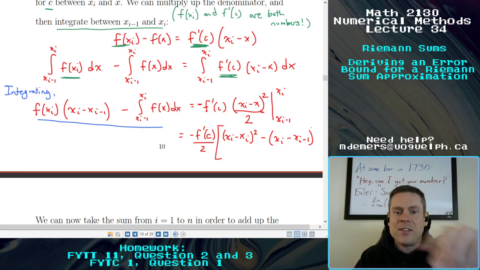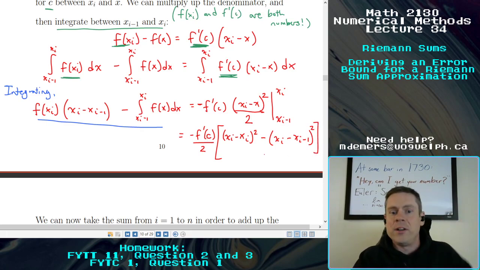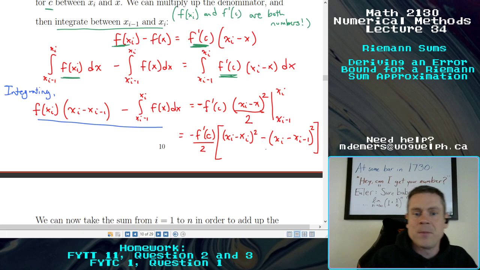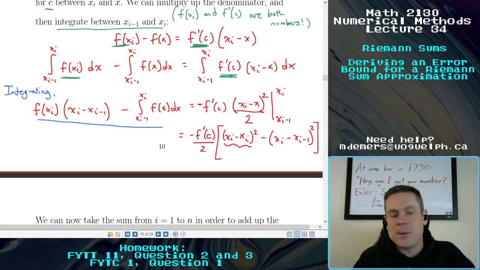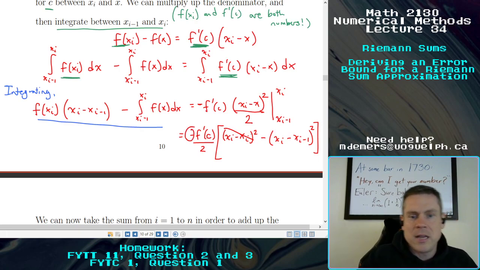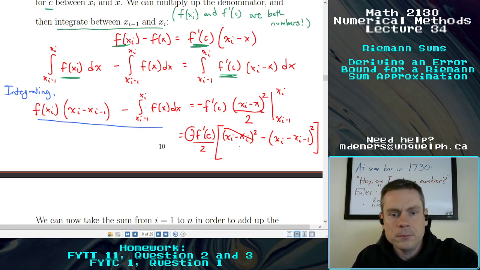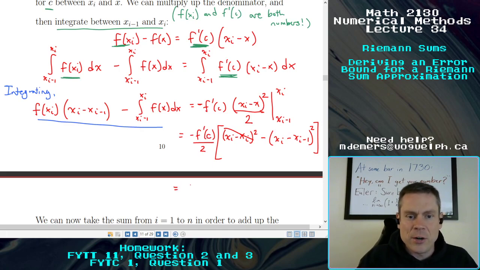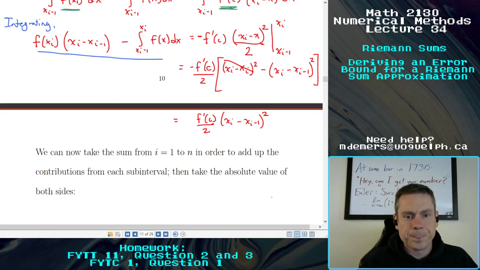So I'm just subbing into the x, like I always would for a definite integral. And you can see that this first term here is just going to be 0, so I can get rid of this. I have a minus and a minus, and that's going to turn out to be a minus f prime of c over 2. Those two minuses cancel and give me just a plus in front. And I'm going to end up with (x_i minus x_{i-1}) squared, just like that.